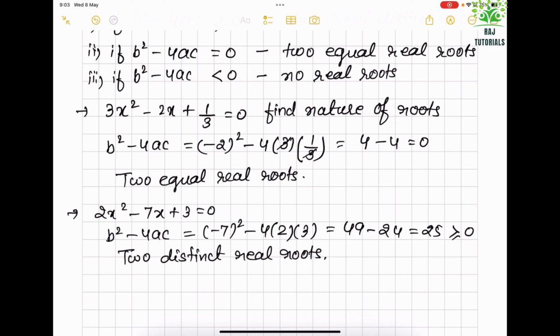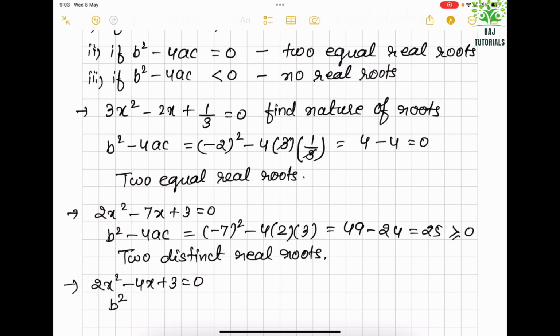Now let us discuss one sum of the third case also, where no real roots are possible. For that I am taking the equation 2x square minus 4x plus 3 equal to 0.